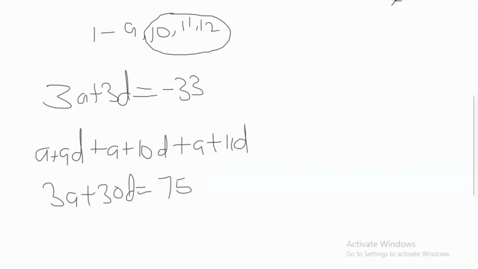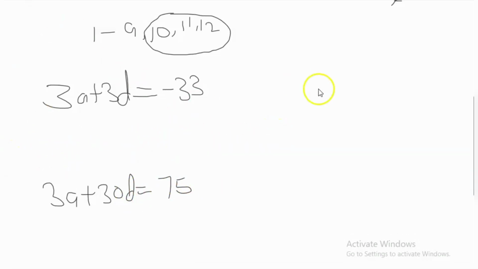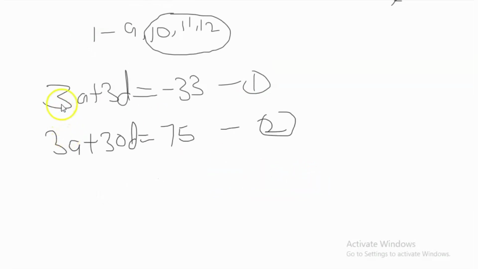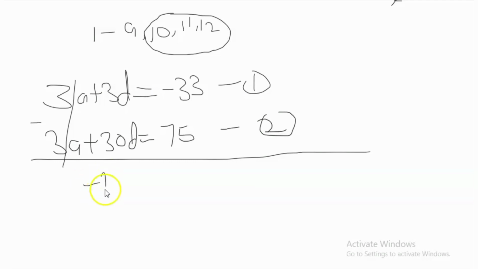So if you notice, we can take this out as a simultaneous equation. This is equation 1, this is equation 2. So we can carry on with this. Since we have 3a and 3a, we can use the elimination method. We can subtract equation 1 and equation 2. So 3a minus 3a would cancel out. 3d minus 30d would be minus 27d.